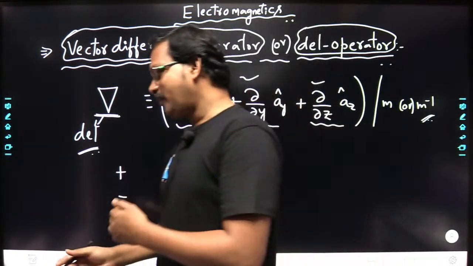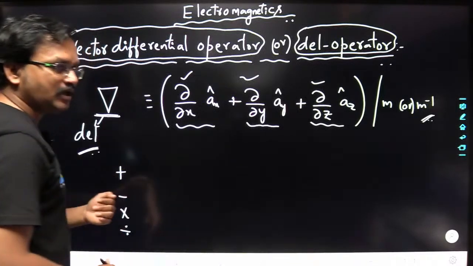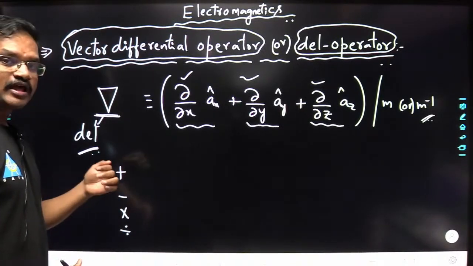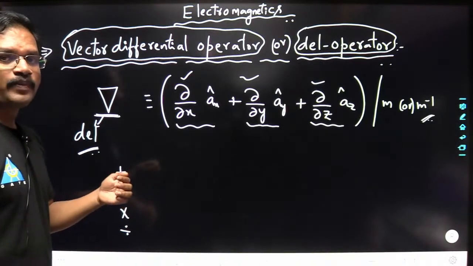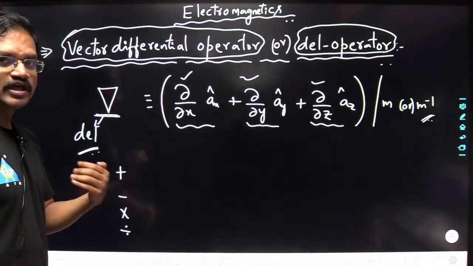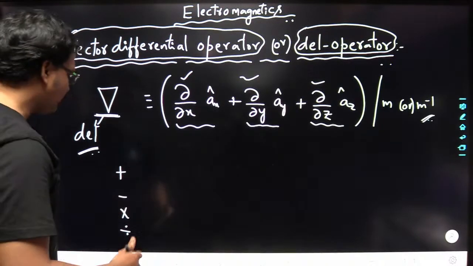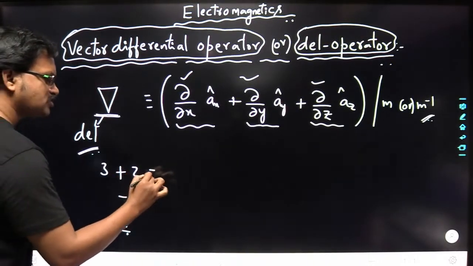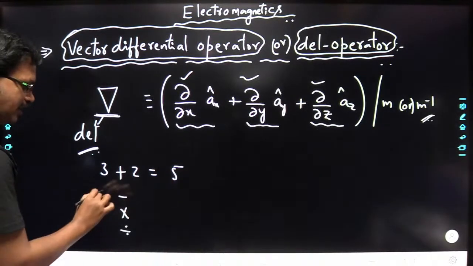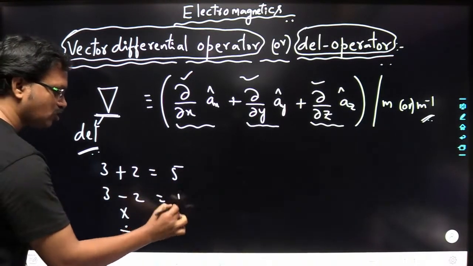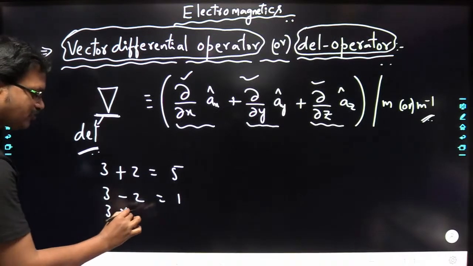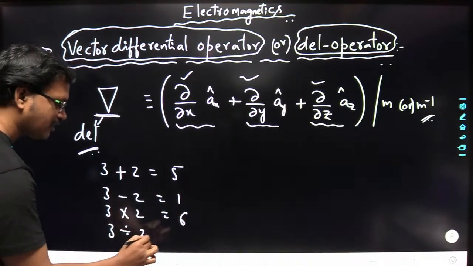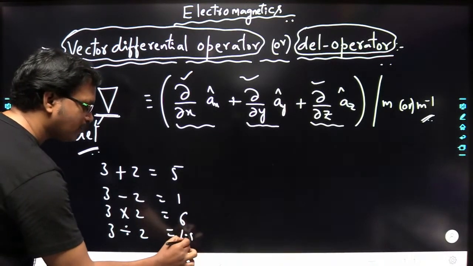So when are these operators going to have some meaning? Whenever they operate on some operands. Now for example, if I take the operands as 3 plus 2 is equal to what? Is equal to 5. And here if I write 3 minus 2 is equal to what? 1. And here if I write 3 into 2 is equal to what? 6. And here if I write 3 divided by 2 is equal to what? Is equal to 1.5.